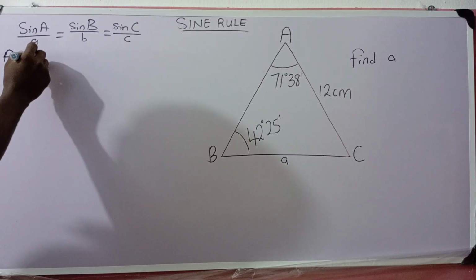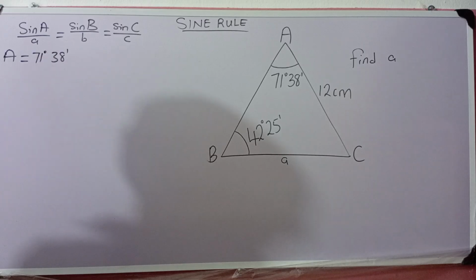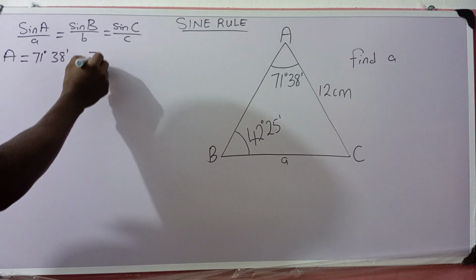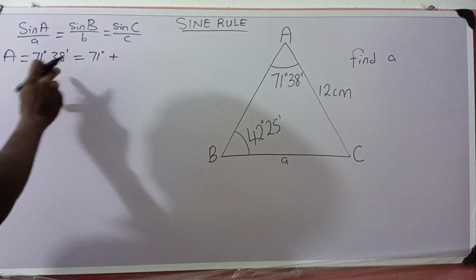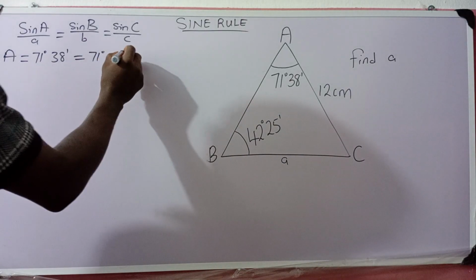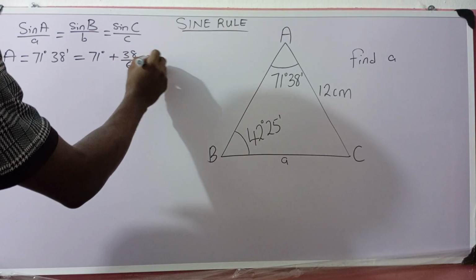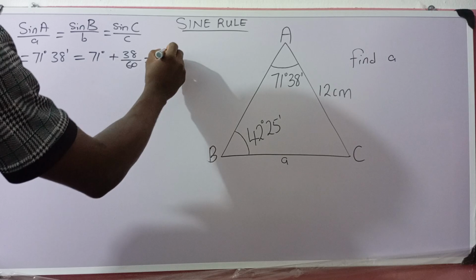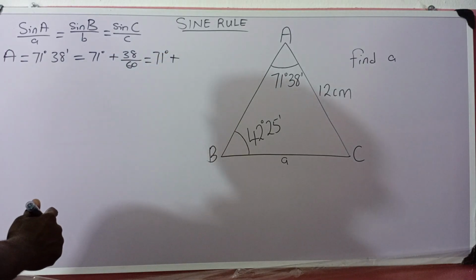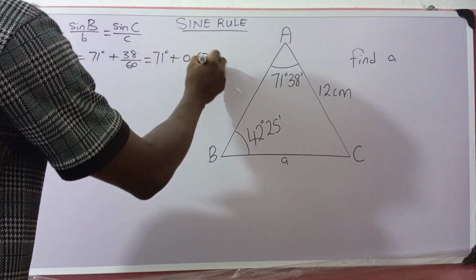Angle A, we have 71 degree 38 minutes. So converting it to degree, this one is already in degree, 71 degree plus. Then to convert minutes to degree, we divide by 60. That will be 38 divided by 60, which will give us 0.63.